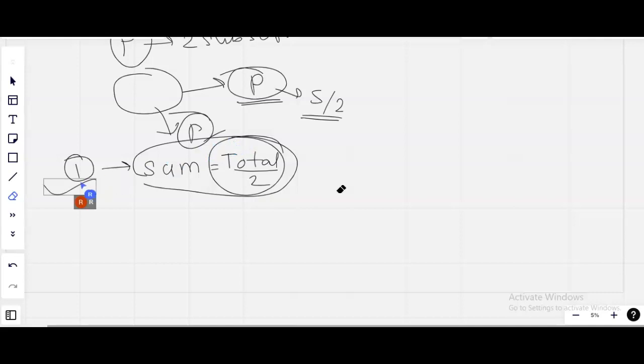So our target is now to find one subset such that its sum is total by 2. Using our example, we have 1, 11, 5 and 5.